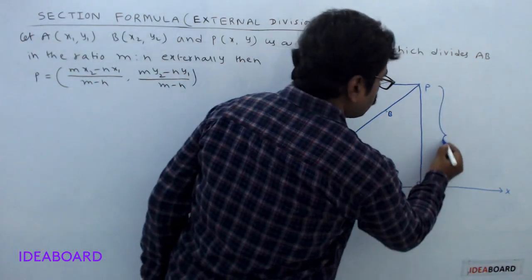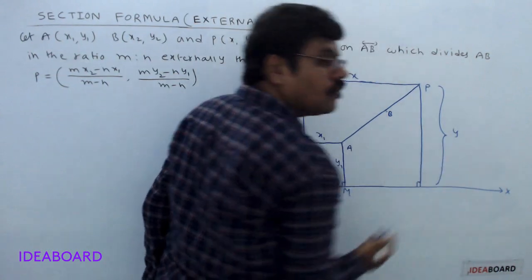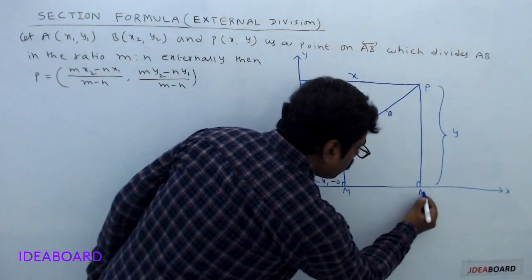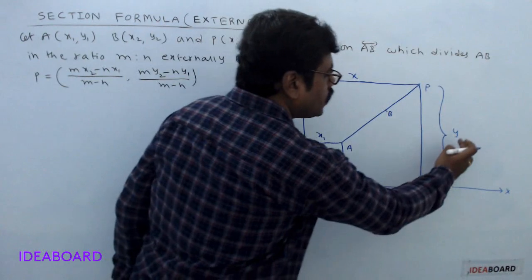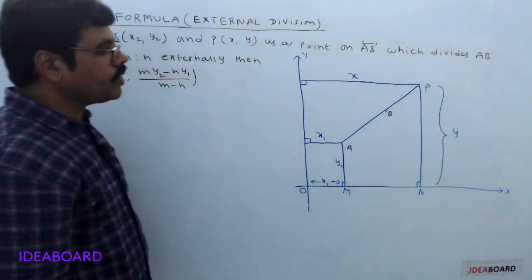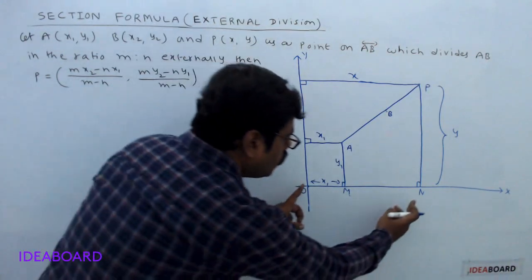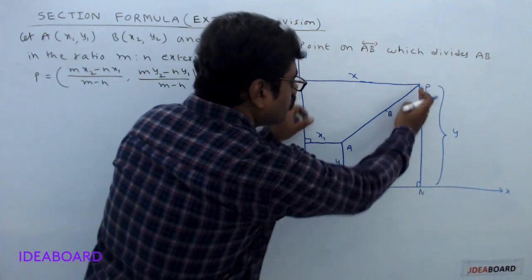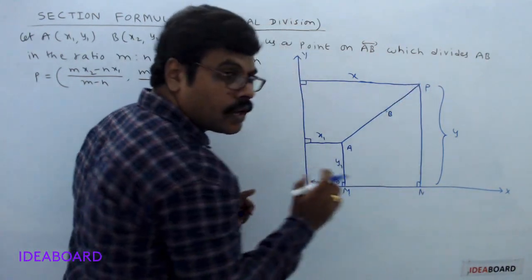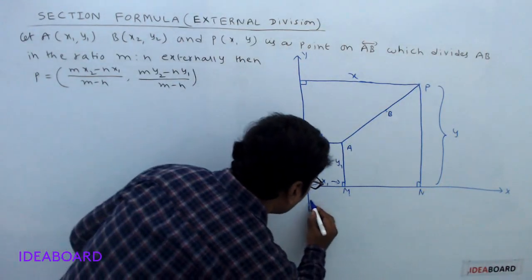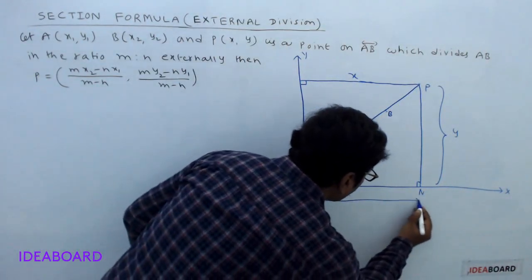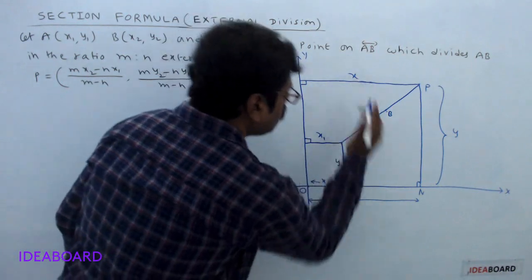So this full length will be taken as y. If you denote this point with N, PN value is y. Now here this length is x. Now ON and this length, both of them are equal. So the value of ON can also be taken as x.